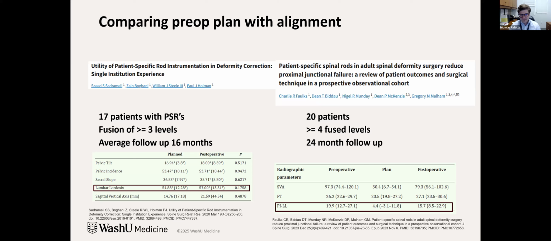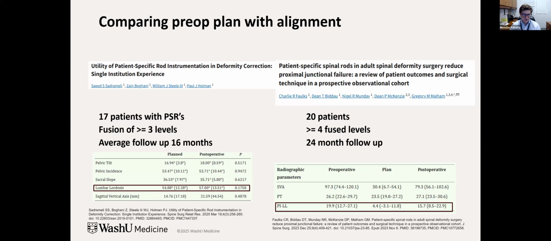Because that will be intrinsic in the plan, the rest of the factors there will be somewhat altered by non-fused portions of the spine and or just simply how the patient is standing with regard to their lower extremities and hips.